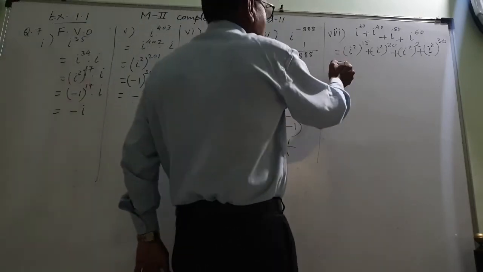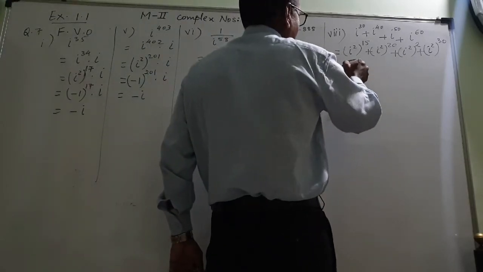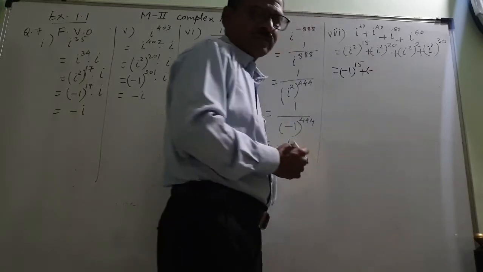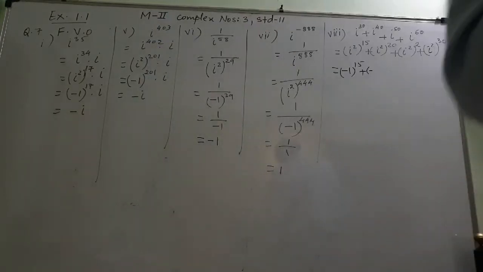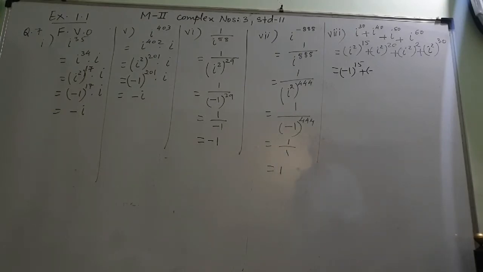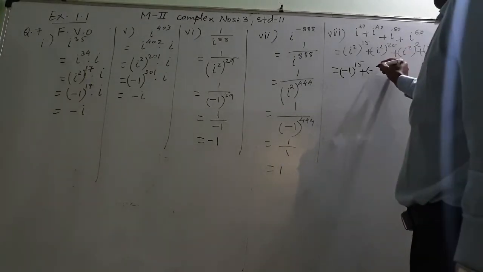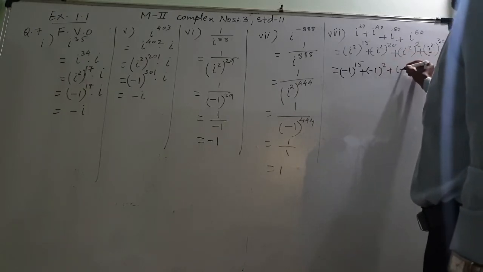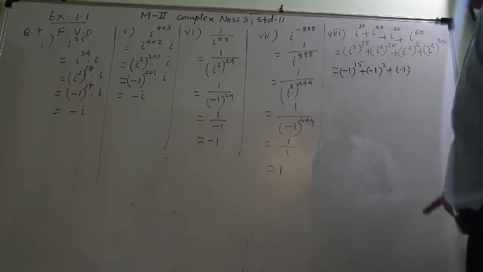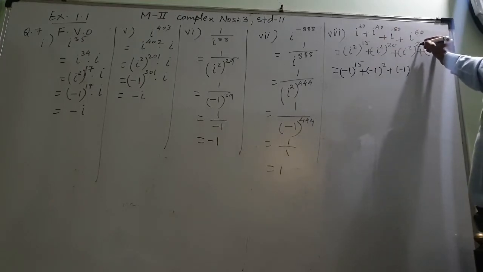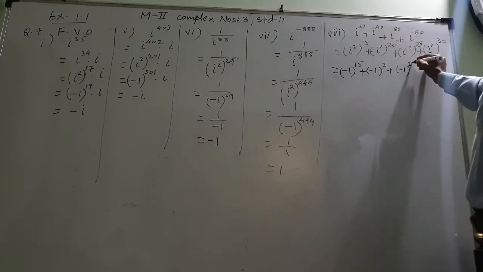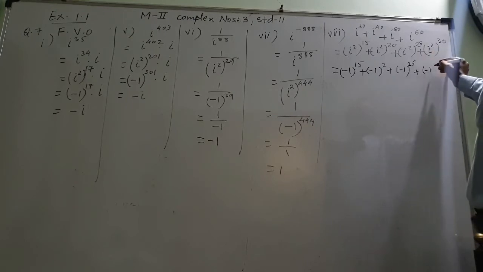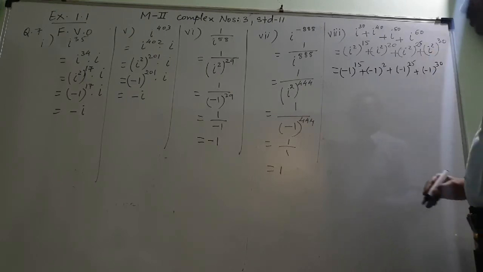So this i square means minus 1 raised to 15 plus this is minus 1 raised to 20 plus this is minus 1 raised to 25 plus this is i square means minus 1 raised to 30.